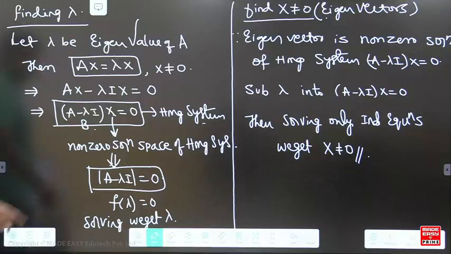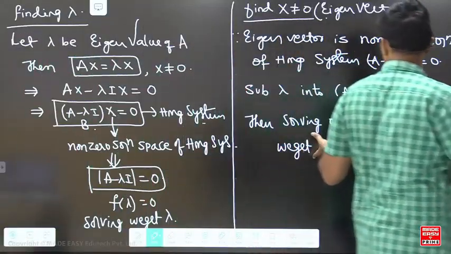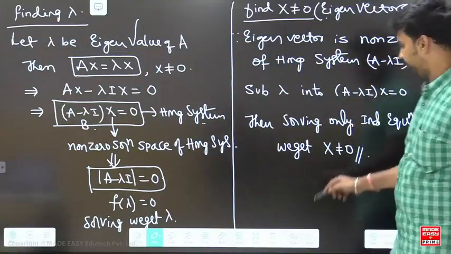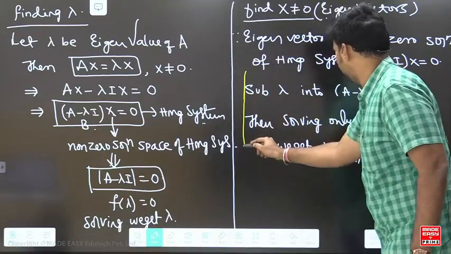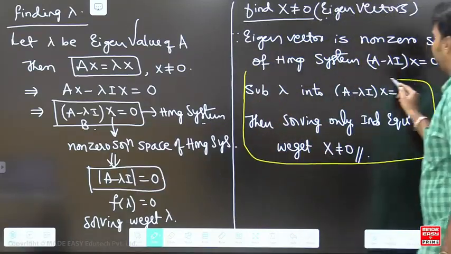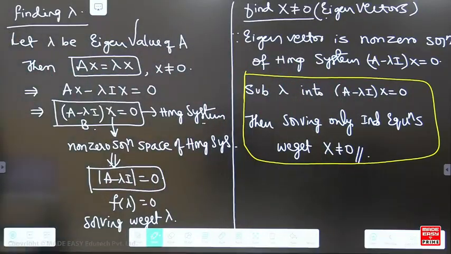The coefficient matrix is A minus lambda I. This is the procedure of finding the eigenvectors.